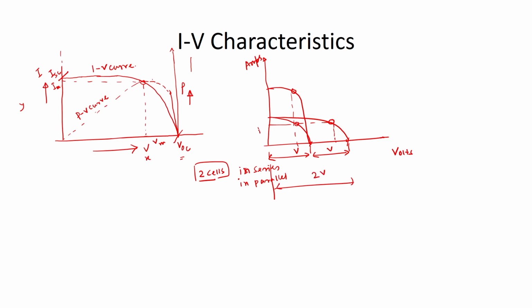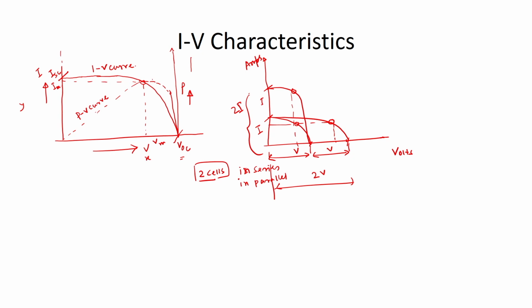Okay. And if it is I and this is I, then for the entire section it will be twice I. That means, when we are connecting the cells in series, we are increasing the voltage, and when we are connecting the cells in parallel, then we are increasing the current, right.